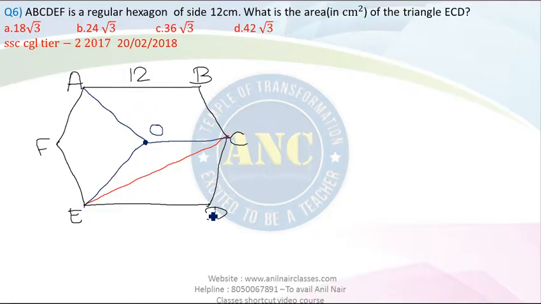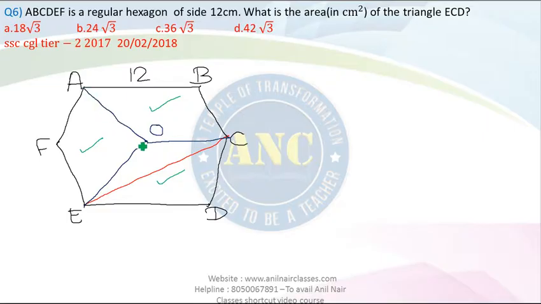Simple, sir. I told you earlier that the area of a regular hexagon is nothing but equal to a combination of 6 equilateral triangles. But now what I am saying is the regular hexagon is also a combination of first parallelogram, second parallelogram and third parallelogram. There are 3 parallelograms in this particular diagram.